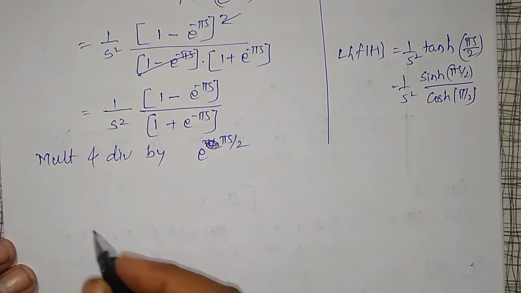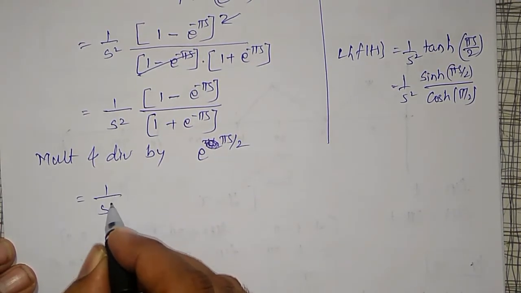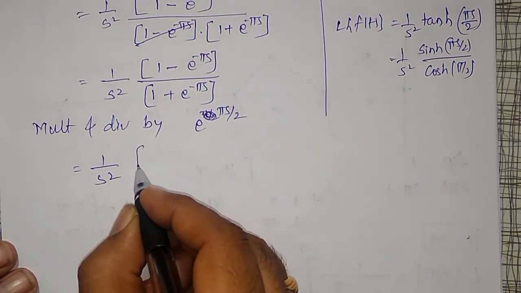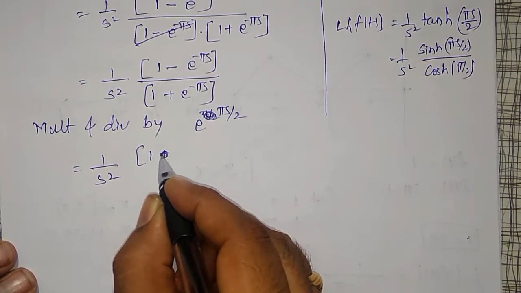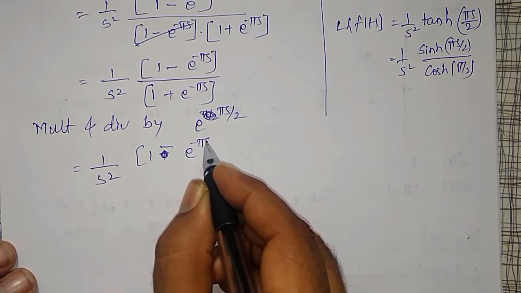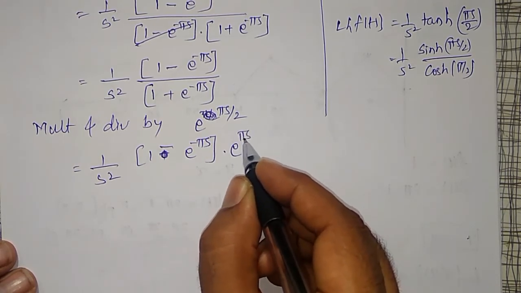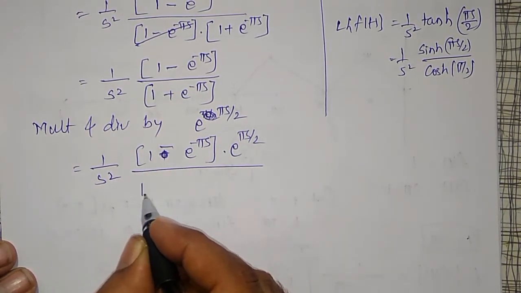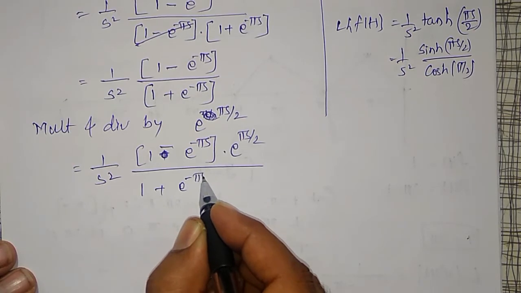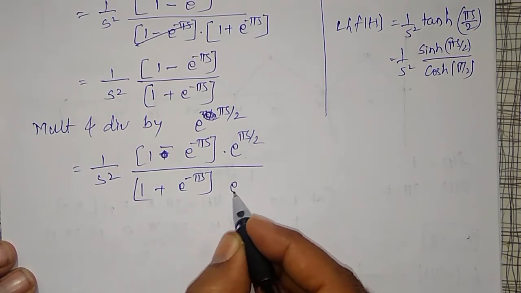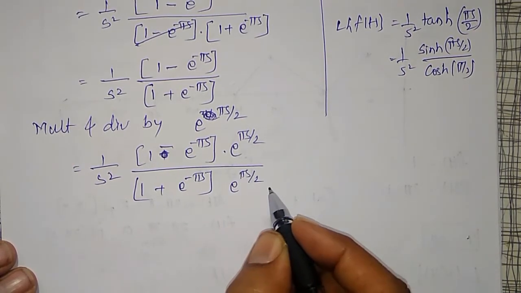What will I get? 1 by s square into 1 minus e to the power minus pi s into e to the power pi s divided by 2, and here also 1 plus e to the power minus pi s into e to the power pi s divided by 2.